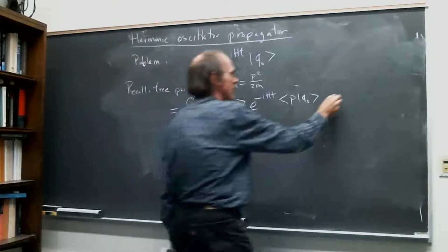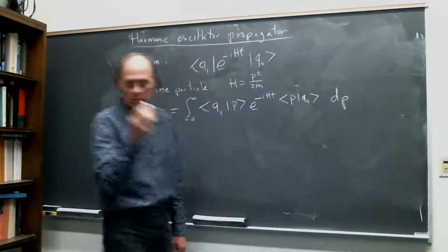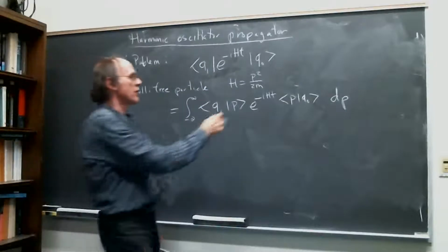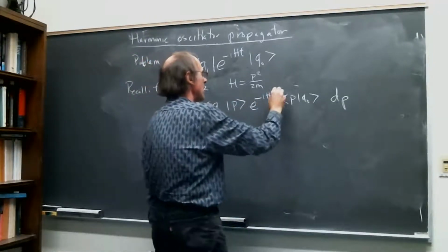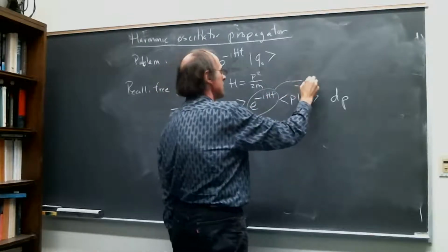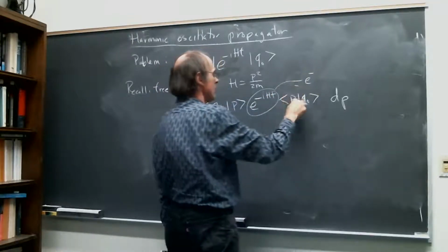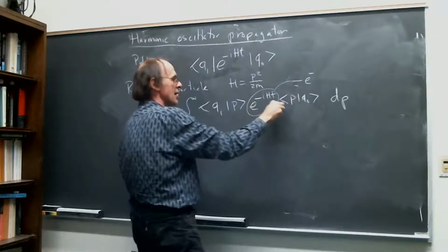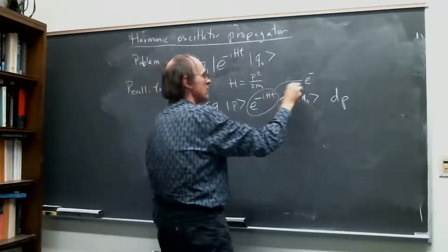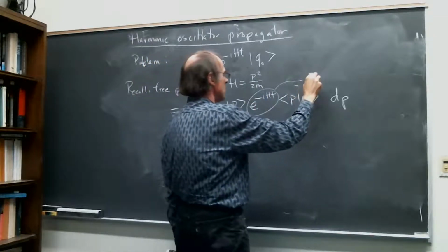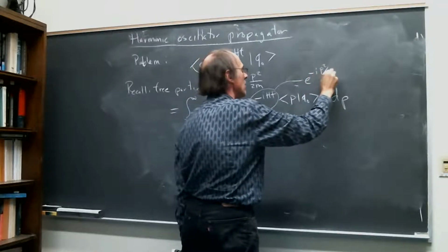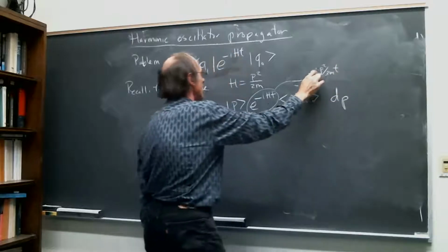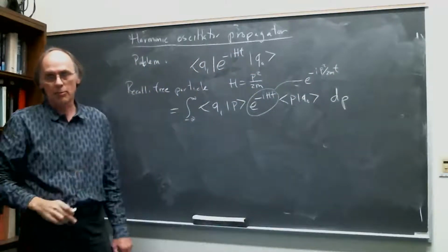We basically just Fourier transformed to momentum space, and then this just becomes the function e to the minus i p squared over 2m t, just a function as opposed to an operator.